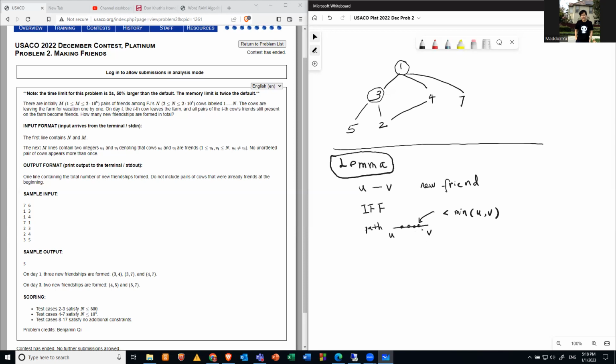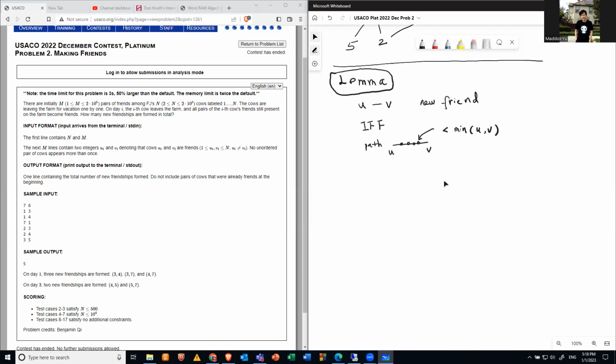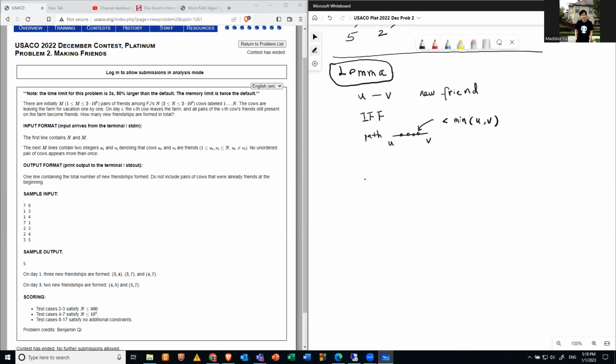Once we prove that lemma, then you can see we can just start from the smallest nodes. So how do I prove this? Let's suppose there exists a path like this from U to V, where all the nodes in between are less than the minimum.